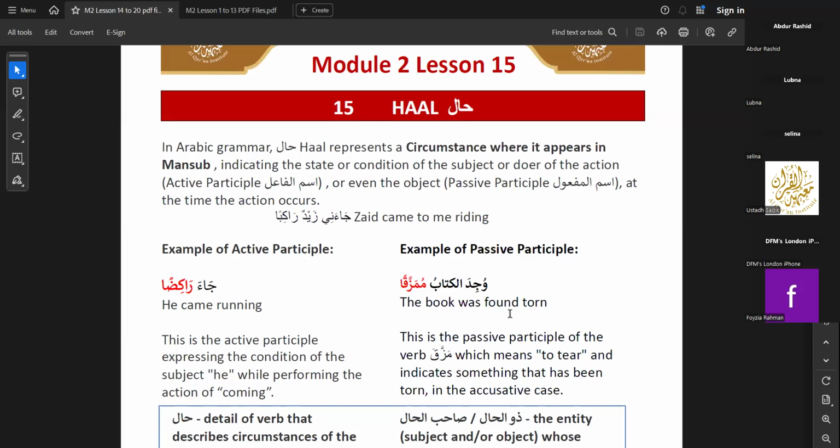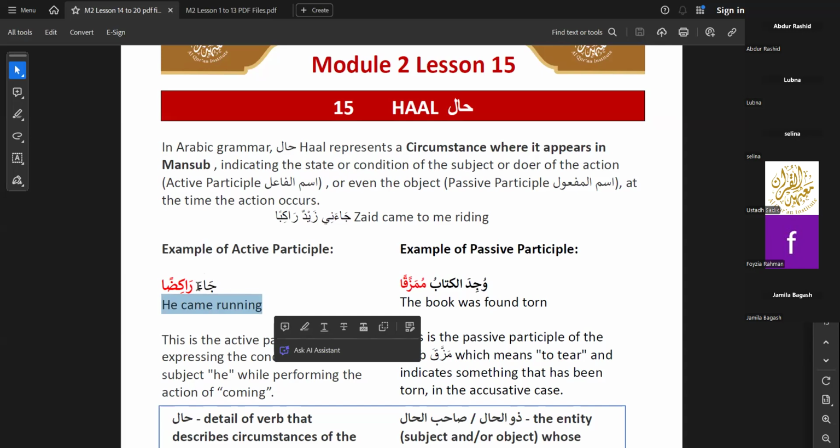So wujida kitabun. Who found the book? We don't know. Can you see here? Wujida kitabu. The book was found. This is the passive participle. Who found the book, that information is missing. However, we do have some other information. It was torn. Can you see the two examples of hal? First is the active participle, where ja'a rakidan, he came running.